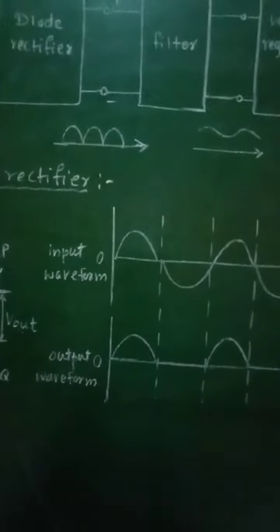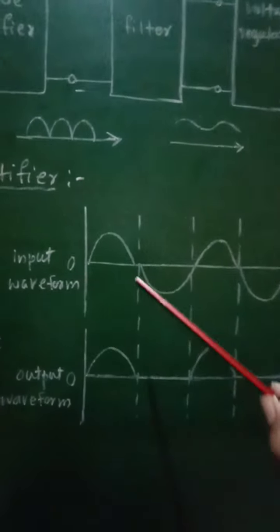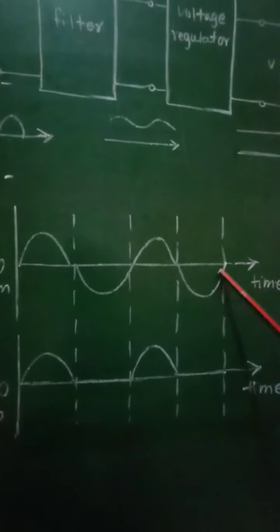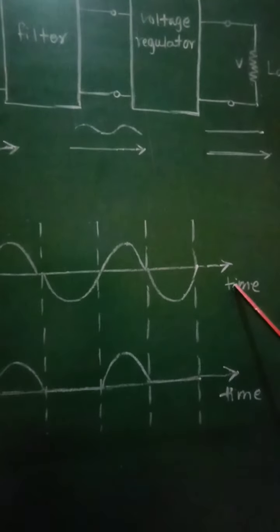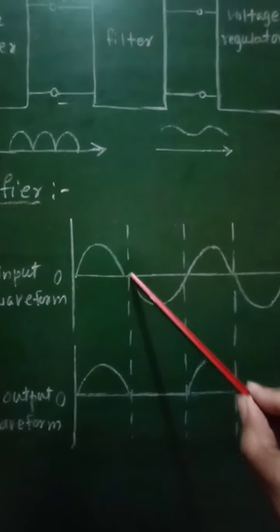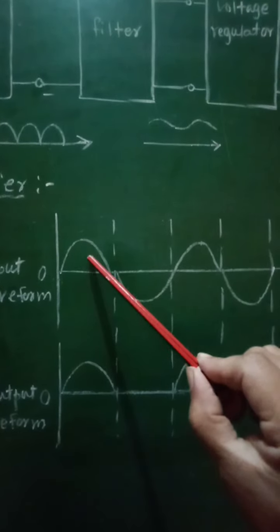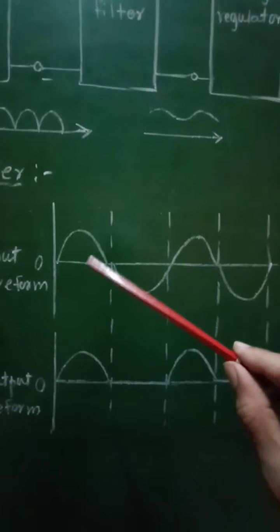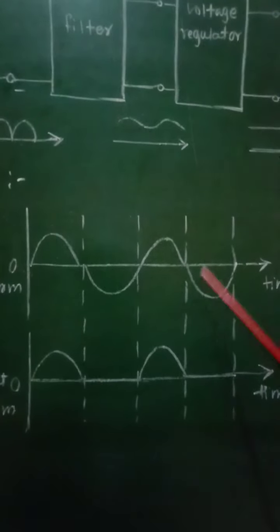And therefore here if you plot the input and output waveforms, the input waveform will be in sinusoidal form, that is, a graph of potential against time is plotted. So this will represent the waveform for the input signal consisting of positive and negative half cycles alternately situated here: positive half cycle, negative half cycle, positive half cycle, negative half cycle.